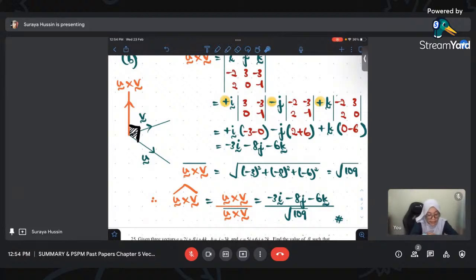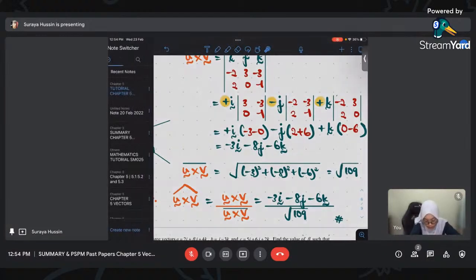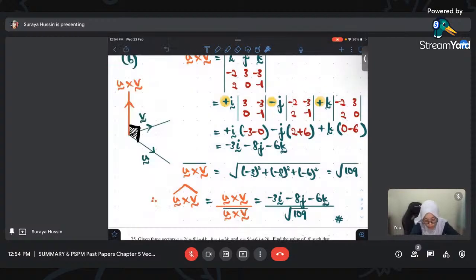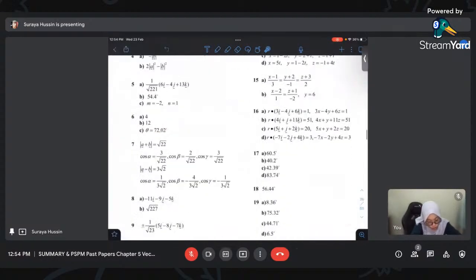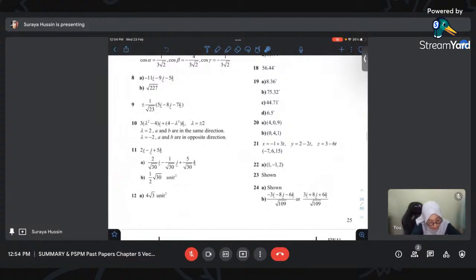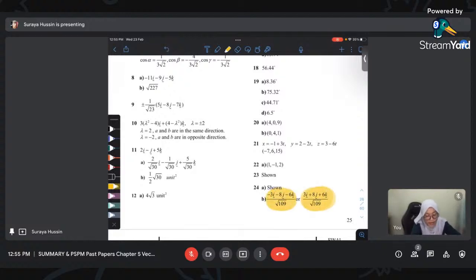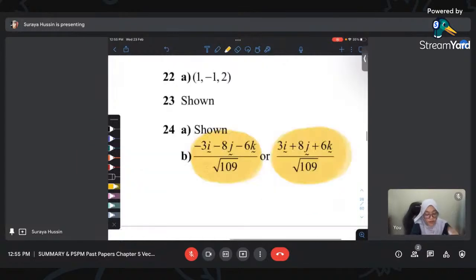Miss, ada jawapan lain tak selain ni? Ya, boleh. Kalau kamu tengok, cuba tengok tutorial question. Soalan ni nombor berapa? Soalan ni nombor 24. So, untuk nombor 24, you see, dalam ni dia baik. Dia bagi dua jenis unit vector. So this is my point everybody.